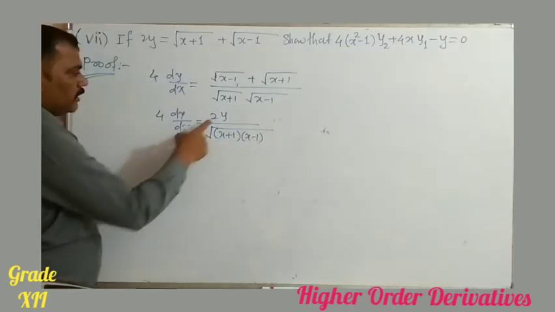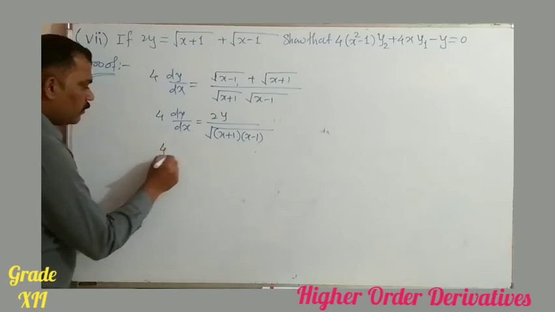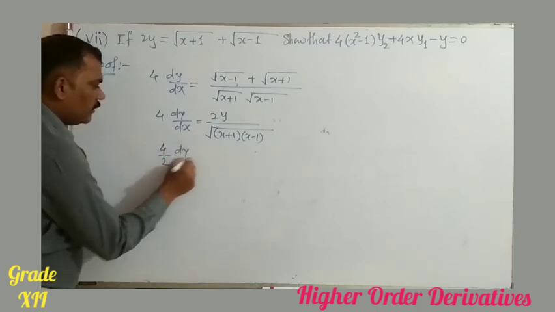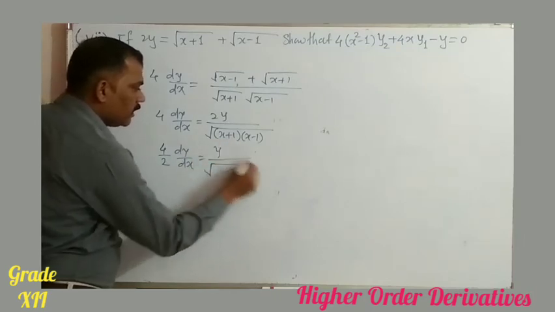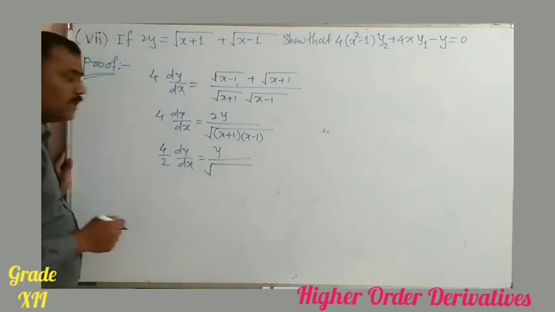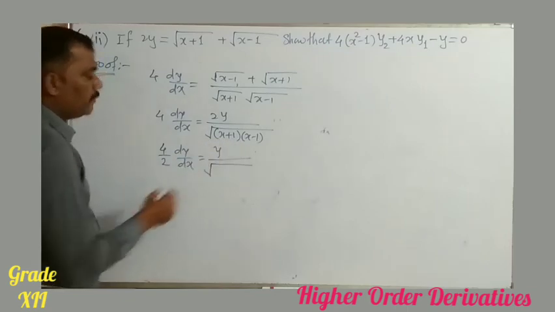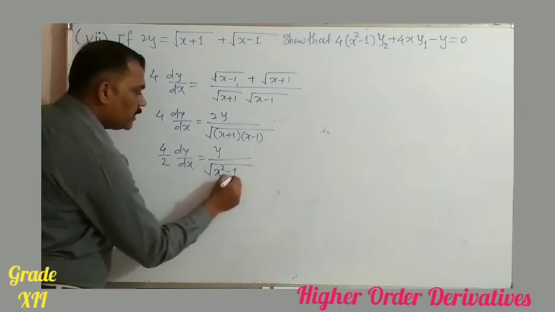This 2 is divided on this side, so 4 divided by 2 into dy by dx is equal to y divided by, by using a plus b into a minus b, that is a square minus b square, that is x square minus 1.